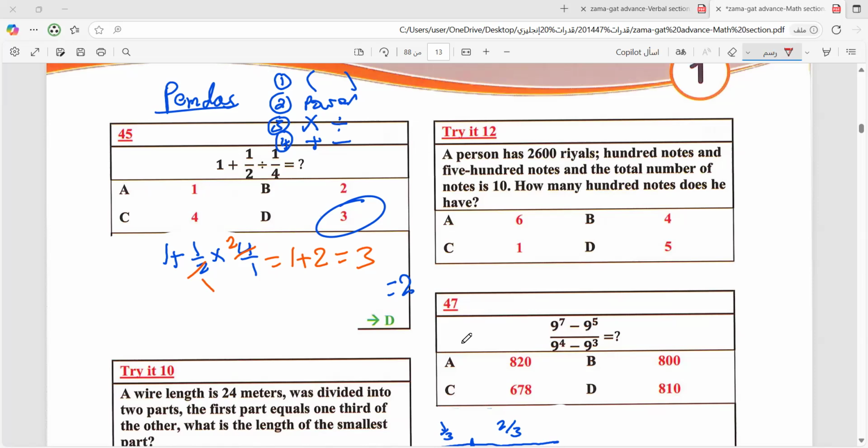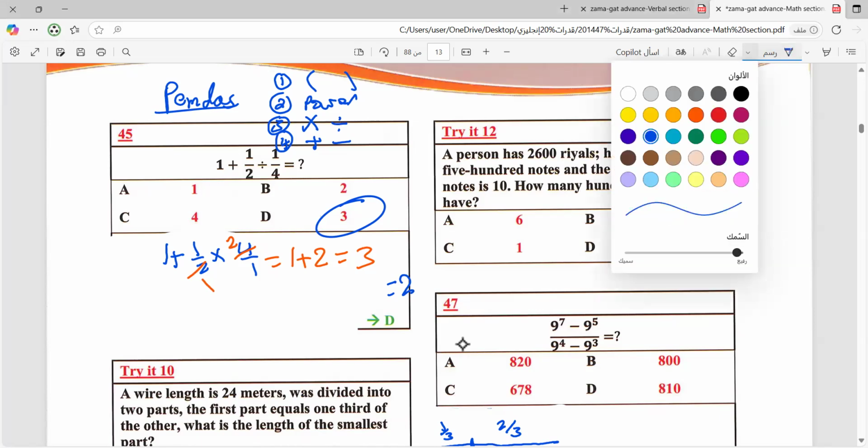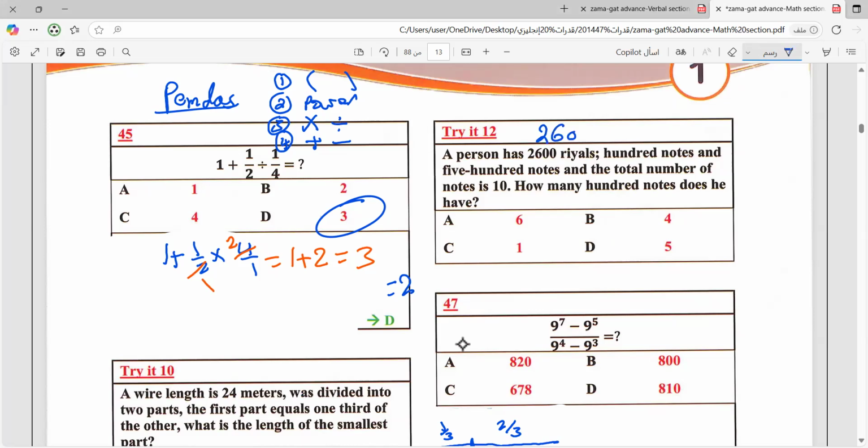We have a person who has 2,600 riyals, 100 notes, and 500 notes. So we have 100 notes and 500 notes.